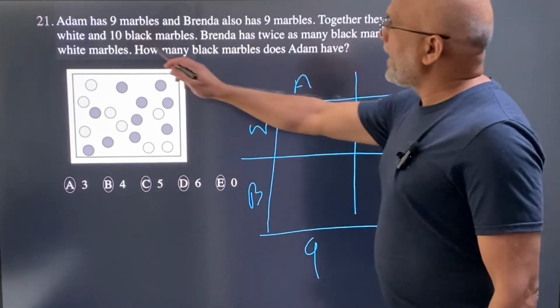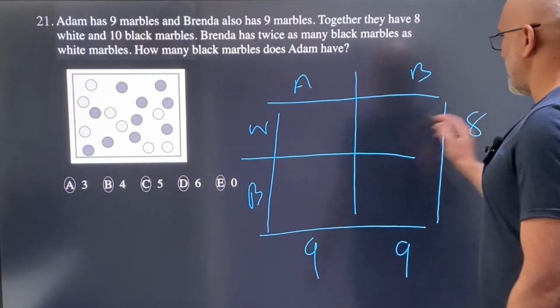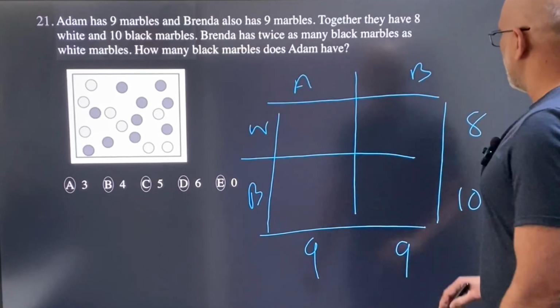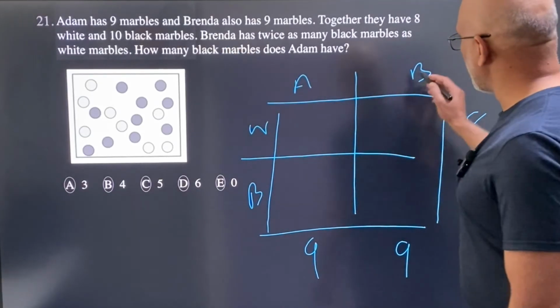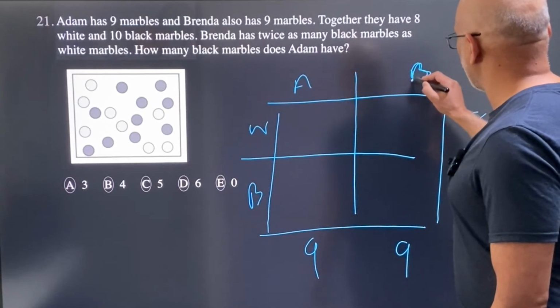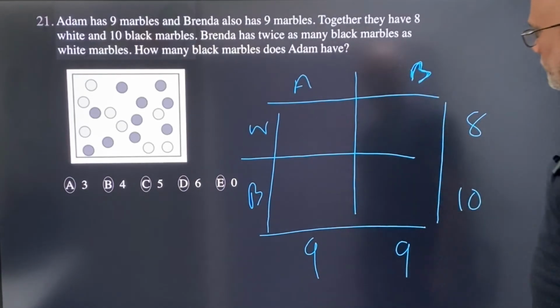Together they have a total of 8 white and 10 black. Alright, so this is also B, this is also B, so let me just make a bold B here. This B is for black, this B is for Brenda.